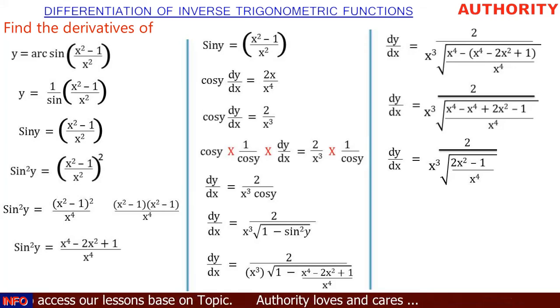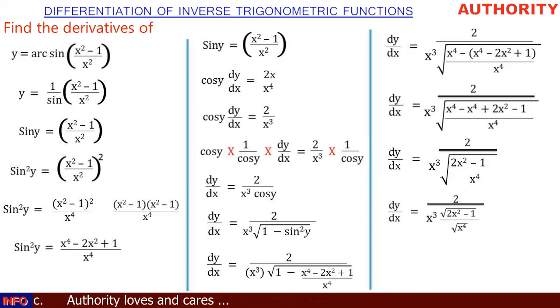Is that true? Yes. In this square root, we can split it into 2. Is that true? So if we split it into 2, we're going to say that dy over dx is equal to 2 all over x raised to power 3, we're going to have square root of 2x squared minus 1 all over square root of x raised to power 4.